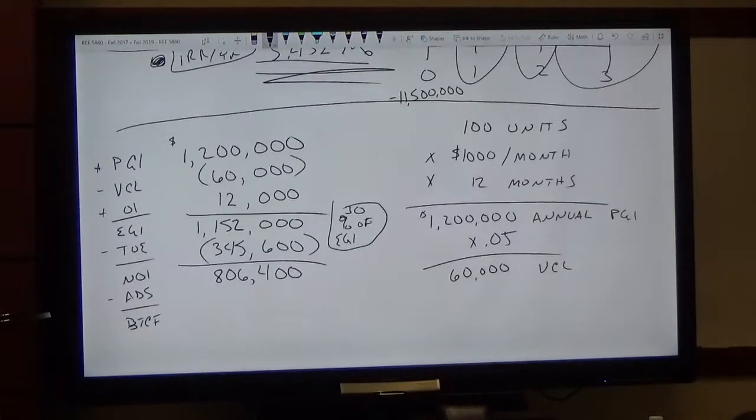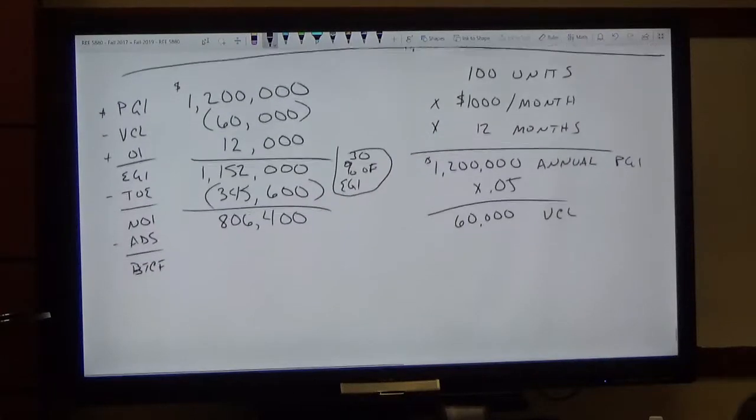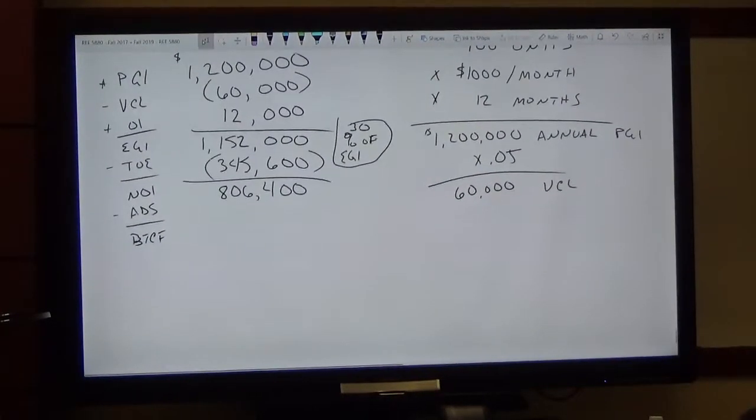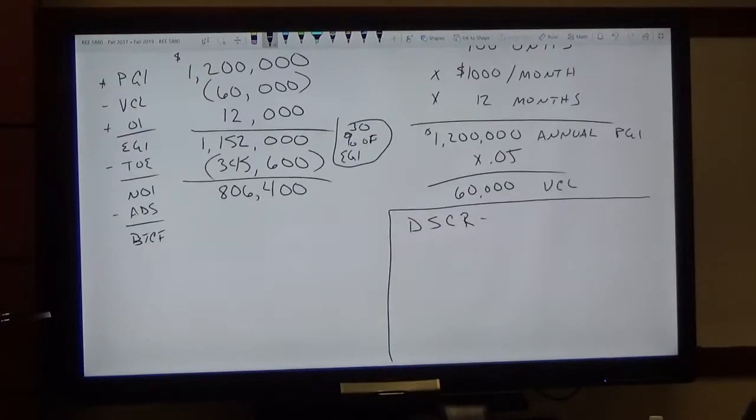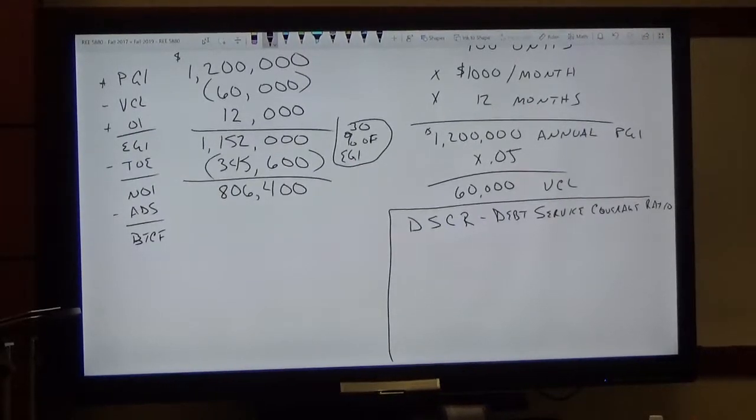Okay, now we get to enter the new round. Debt service coverage ratio. This is probably one, if not the most important little ratios that you're going to calculate whenever it comes to basically looking at what your loan possibilities are for commercial property.